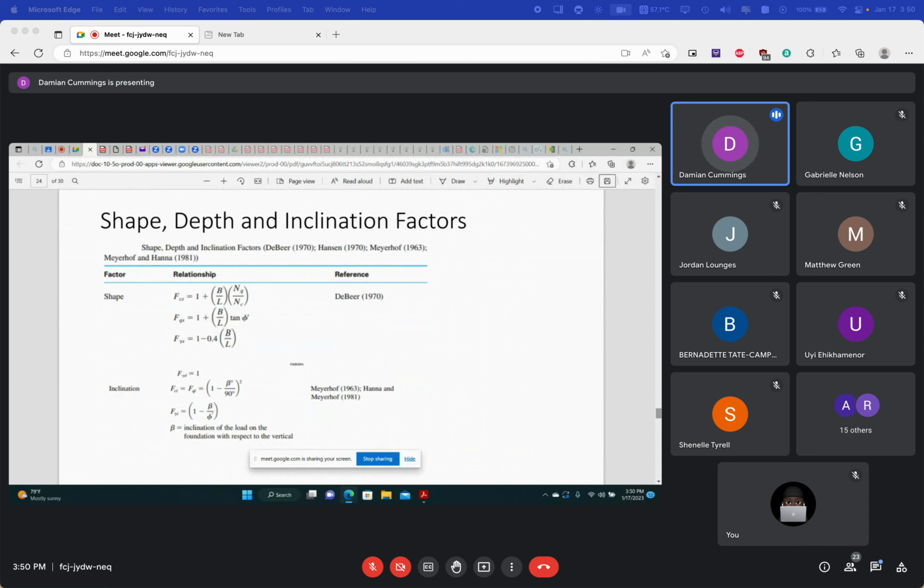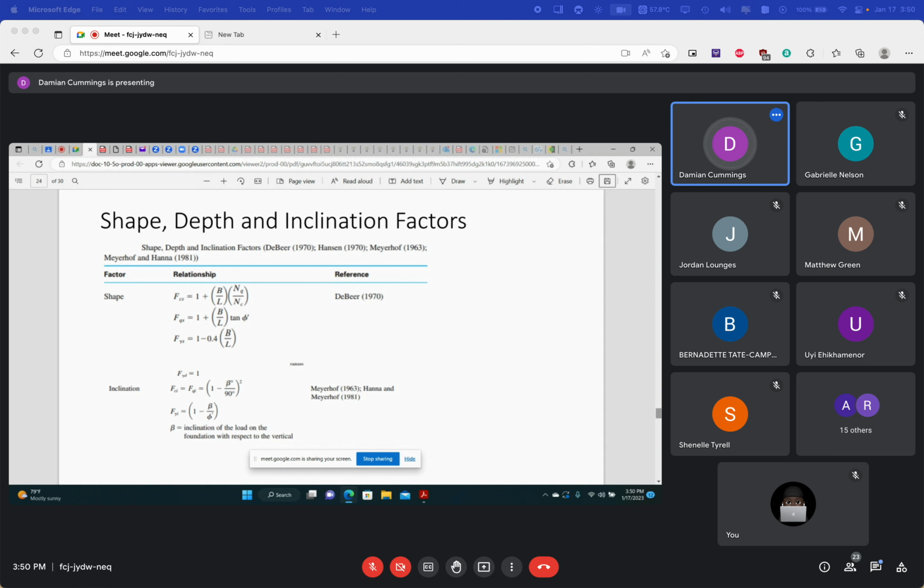All right, so we have some very good formulas here. We have the shape factors. Fcs is equal to 1 plus B over L, that's the breadth of the foundation divided by the length of the foundation, times Nq over Nc.